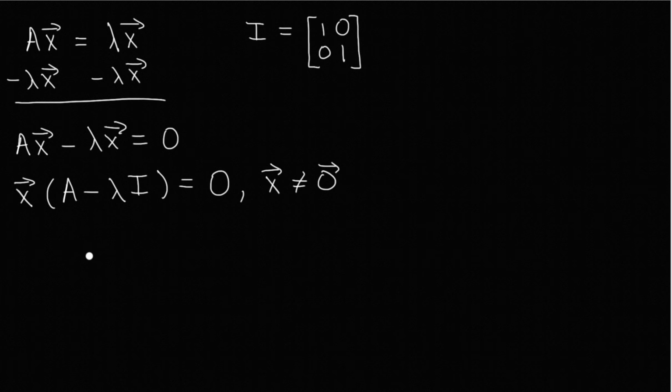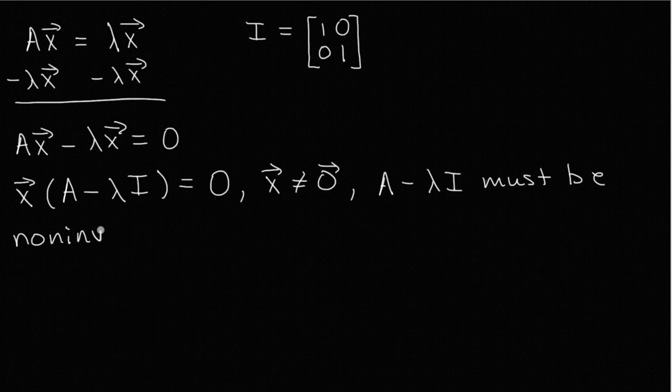Now, if that's true, then we know that A minus lambda I must be non-invertible.